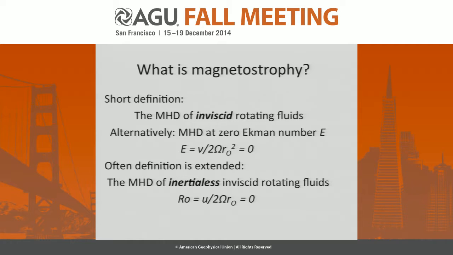So he said, we'll just leave out viscosity entirely. Now that seems a pretty extreme thing to do, but I'll explain why it is not so stupid, because of the Ekman number. I should define the Ekman number. There's the viscosity, and there's the rotation of the Earth, and the radius of the core.